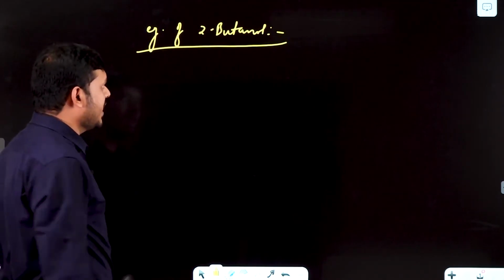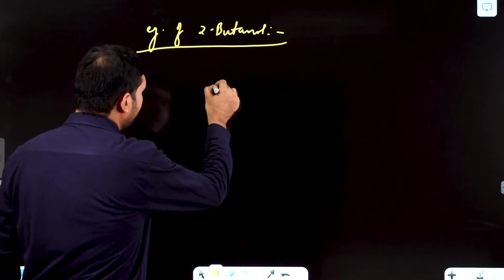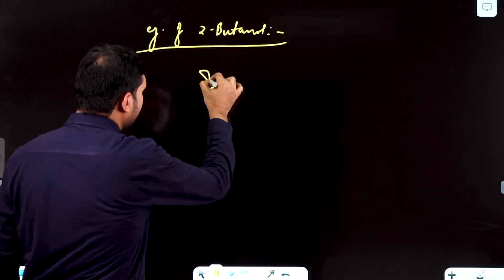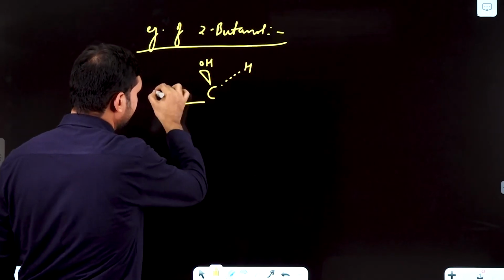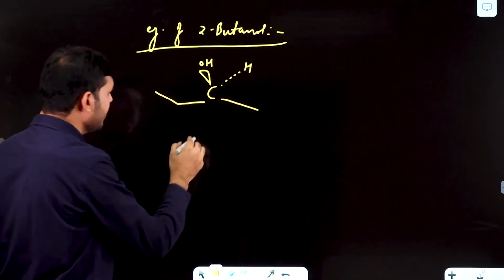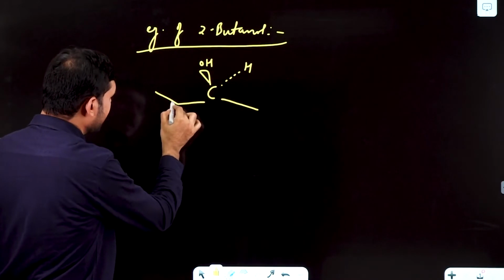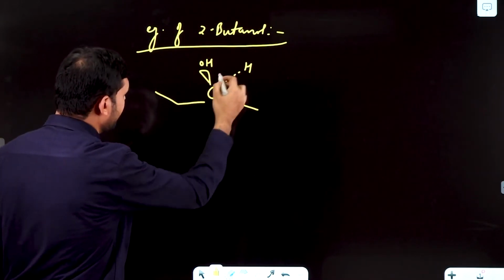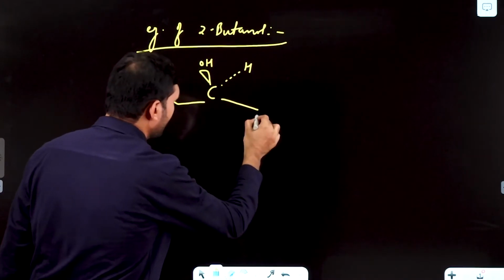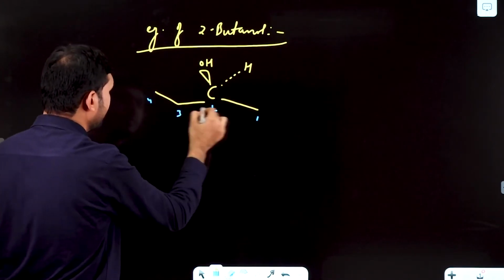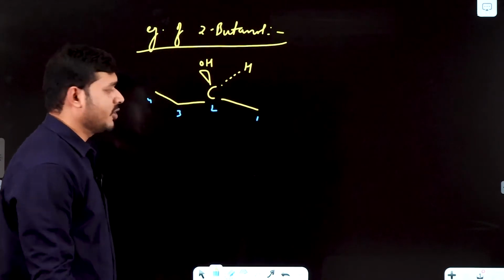Let's see one important example of 2-butanol. It is studied as an important case. Now you can see here this carbon is attached with ethyl, methyl, H and OH. If I make numbering, then 1, 2, 3, 4: butan-2-ol or 2-butanol, right?